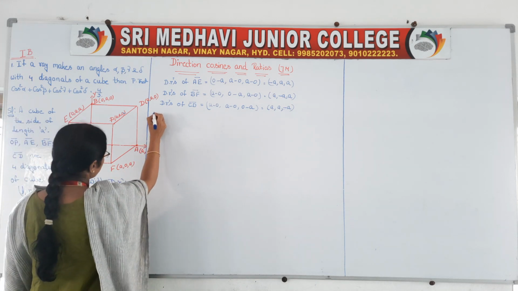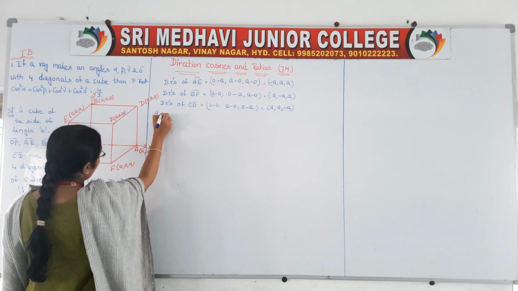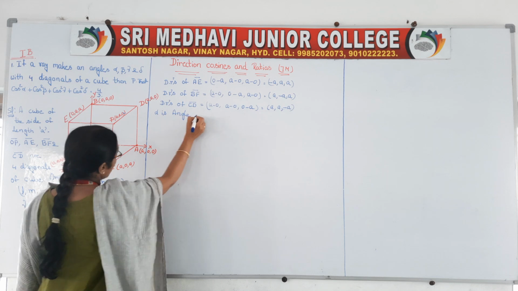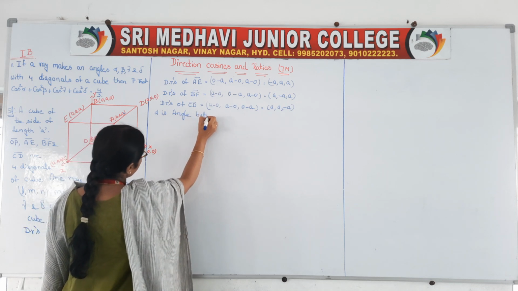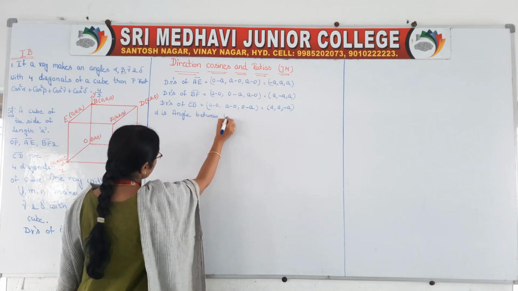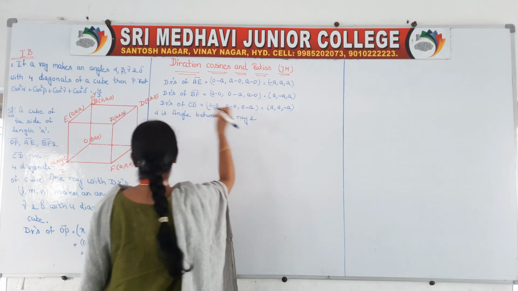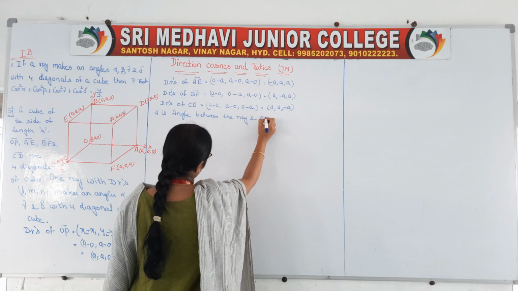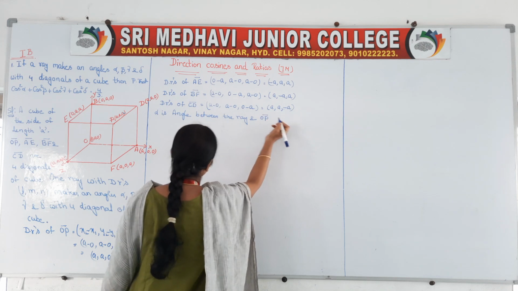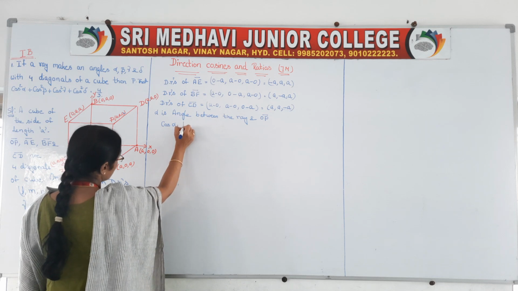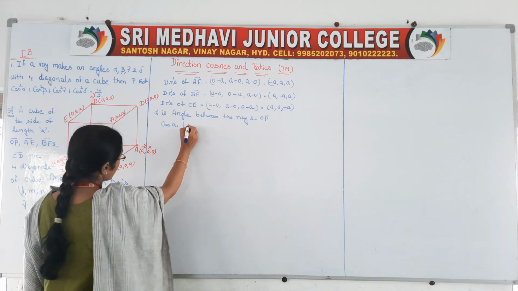First, you take your alpha. Alpha is the angle between which two? Angle between the ray and the first diagonal, which is OP bar. Right. So therefore, cos alpha is equal to, what is the formula?